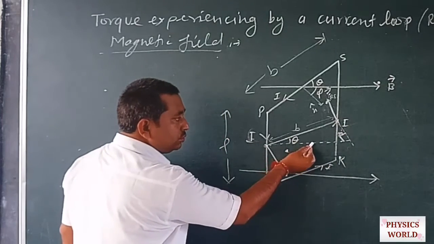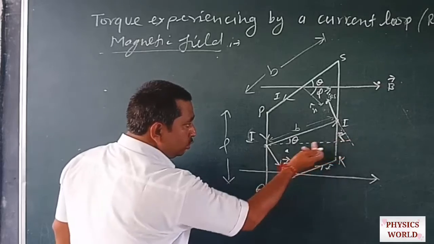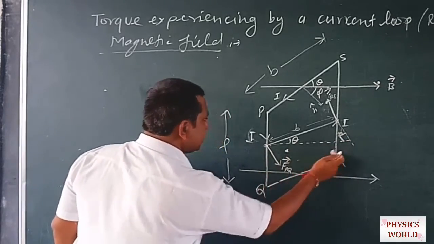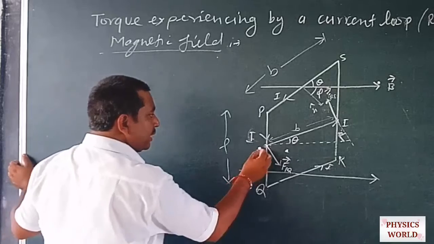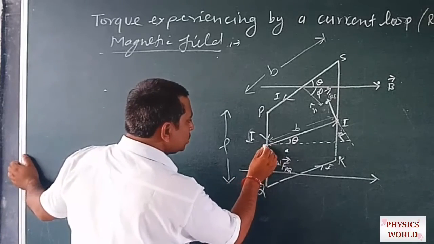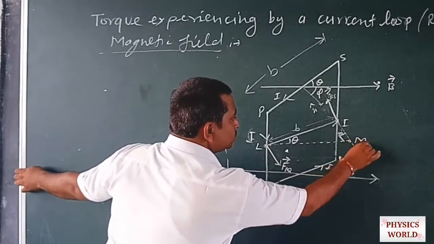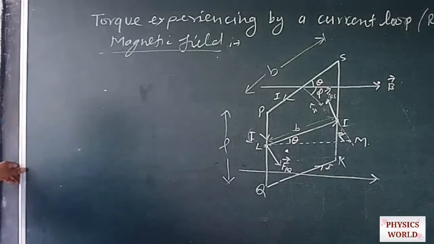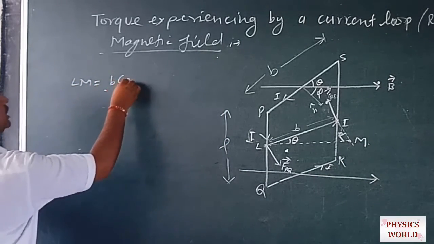So hypotenuse times cos theta is equal to base. If we name this perpendicular distance, suppose this one is L and this is M, then the length of LM will be equal to B cos theta.